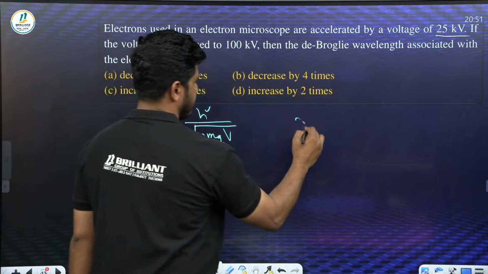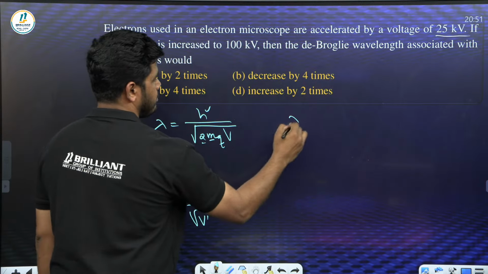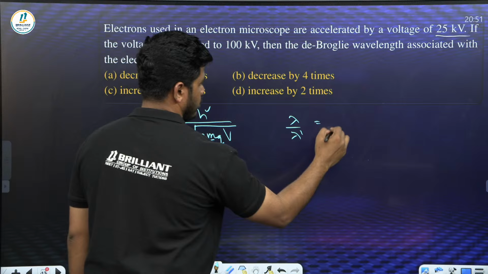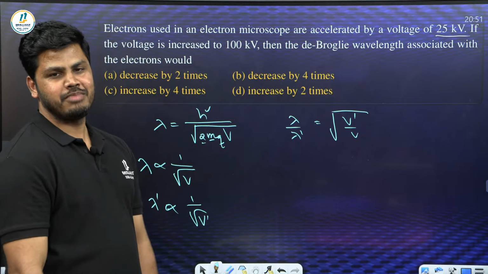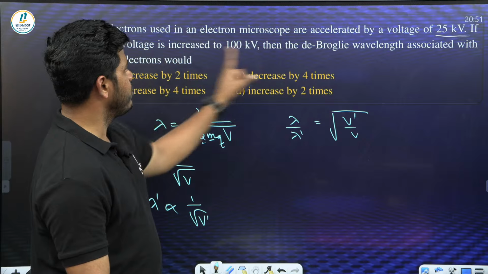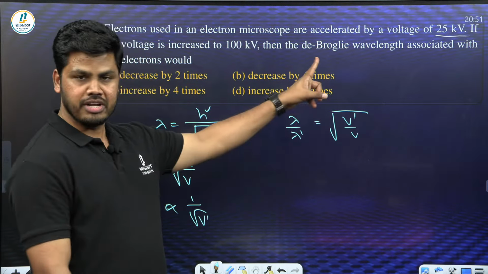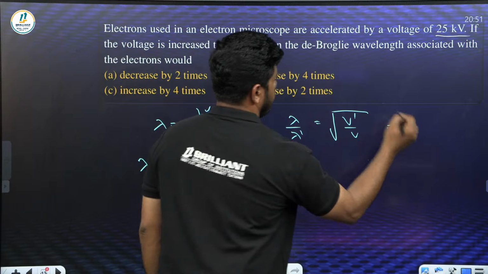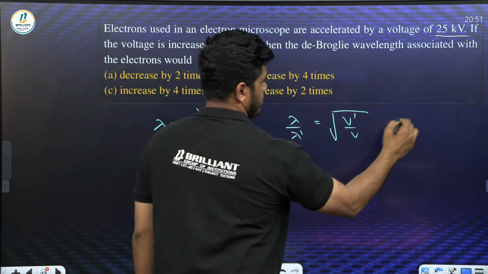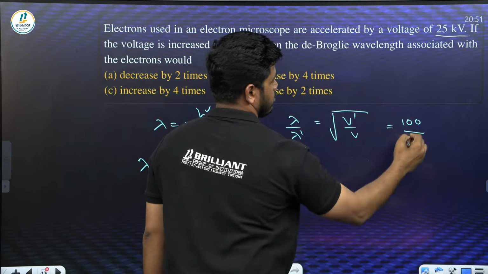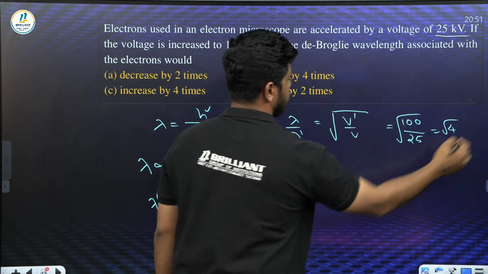If you take the ratio, exactly like in the previous question, lambda by lambda dash is equal to root of V dash by V. Look at this ratio. Initially it was 25, and V dash is the new accelerating potential, which is 100. So I can take this as 100 divided by 25. We get 4, root of 4 is going to be 2.